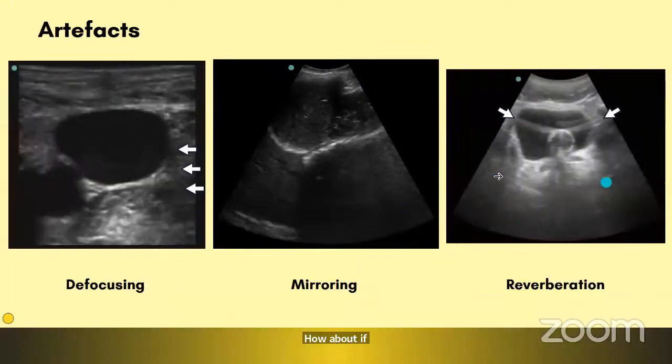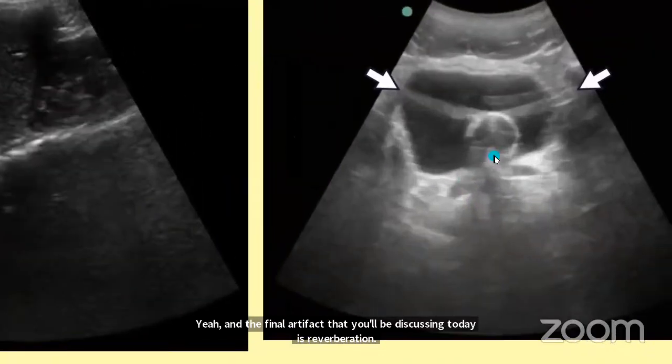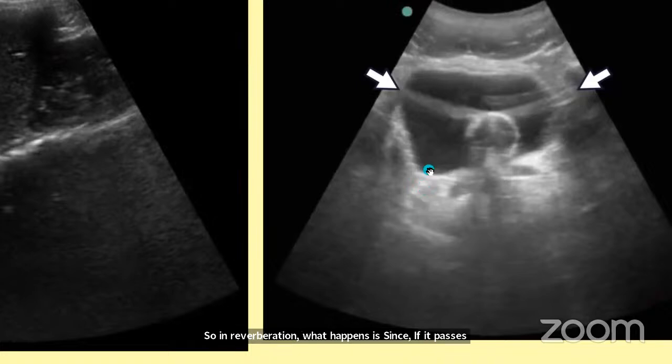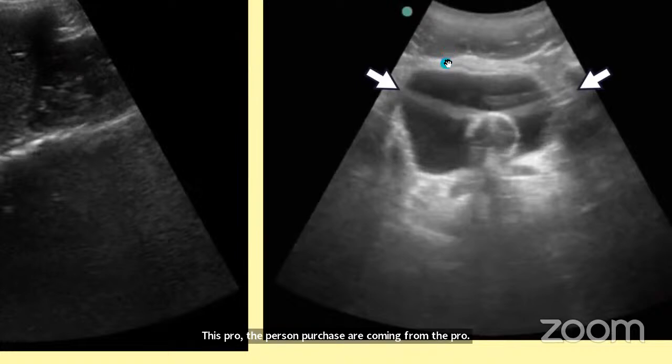And the final artifact which we'll be discussing today is reverberation. In reverberation, since ultrasound pulses are sound waves in basic senses, if one passes through a medium and is getting reflected a lot, the pulses coming from the probe get hit by, let's say, one of the surfaces and get reflected back to the probe.